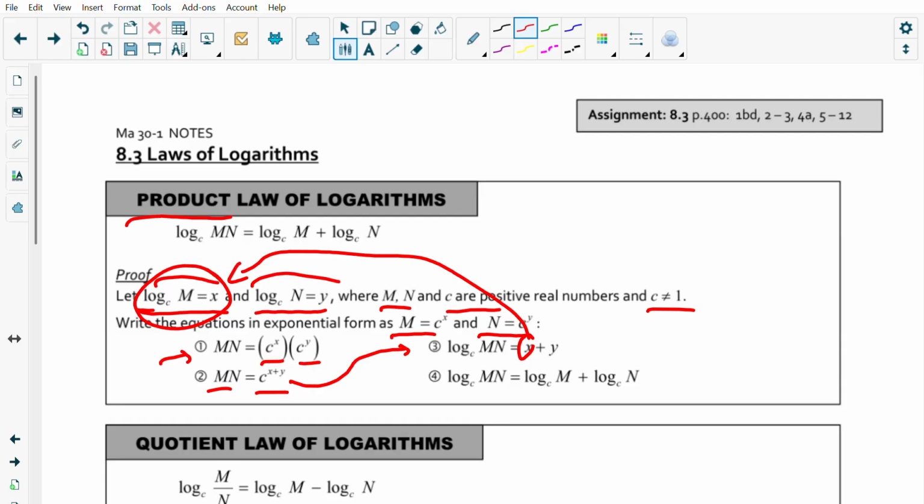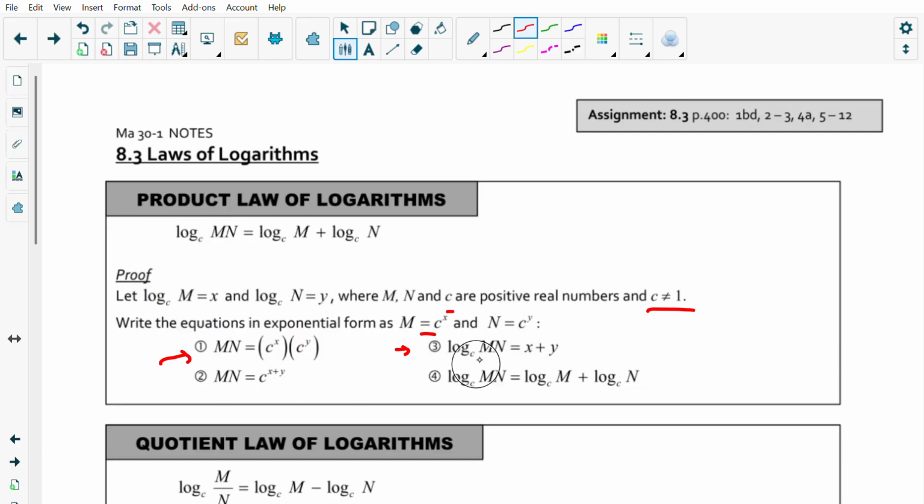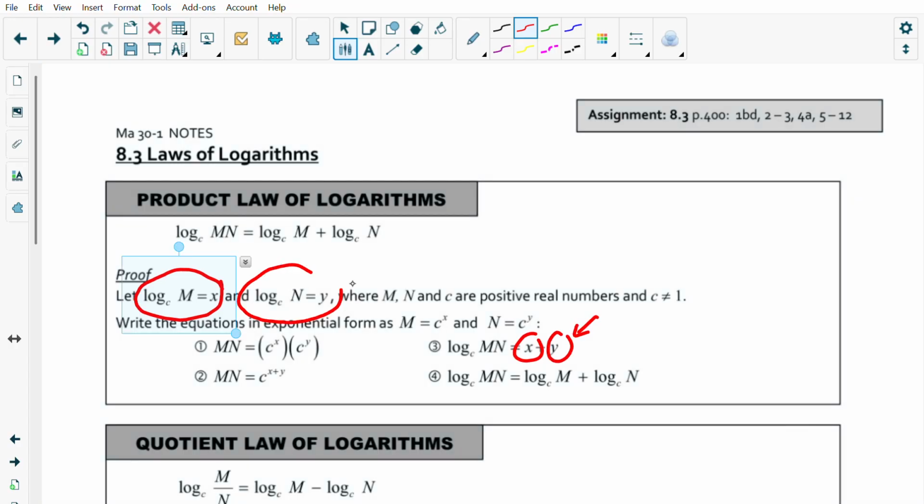Sorry, I'm substituting. Okay, I've got to read this here. From this step, what does x equal? Well, x equals log base c of m. Well, what does y equal? It equals log base c of n. I substitute it back in and we get our product law.